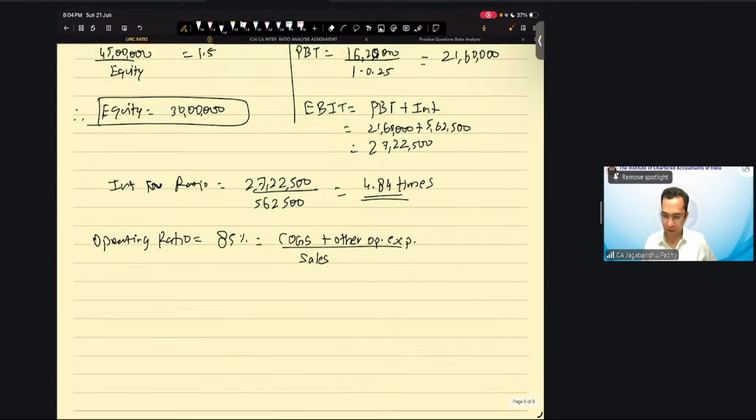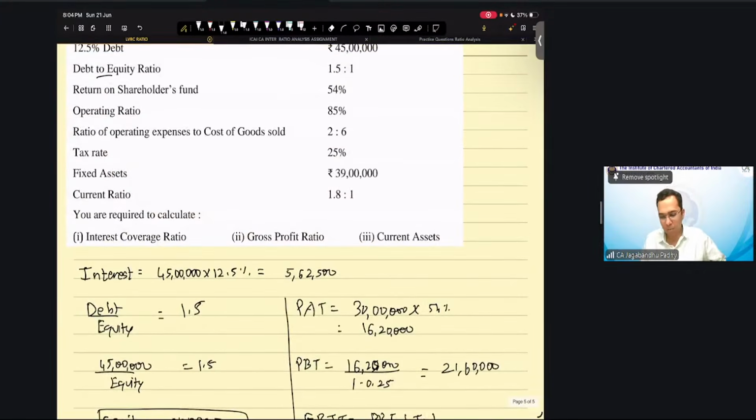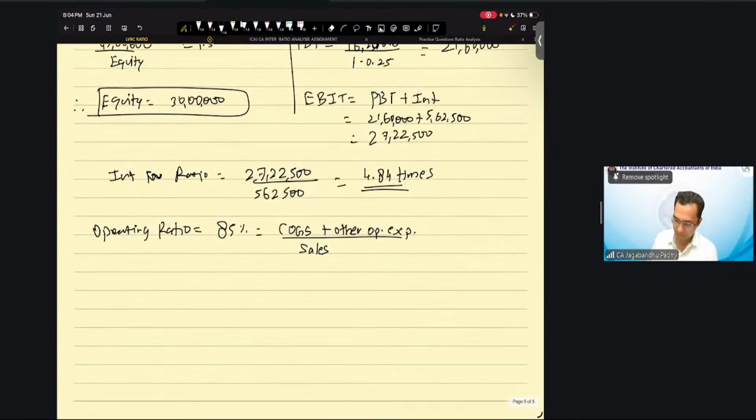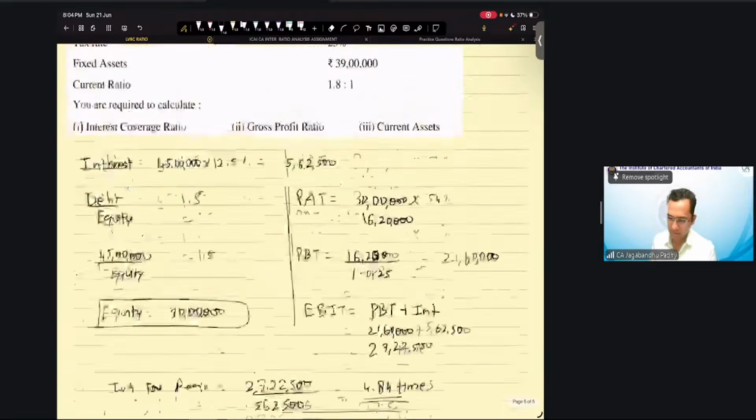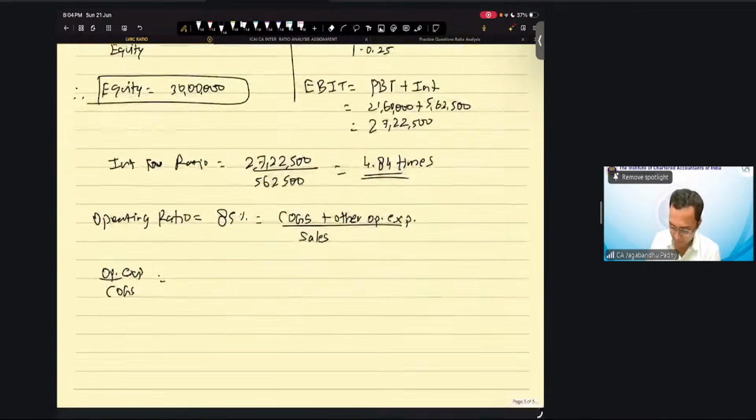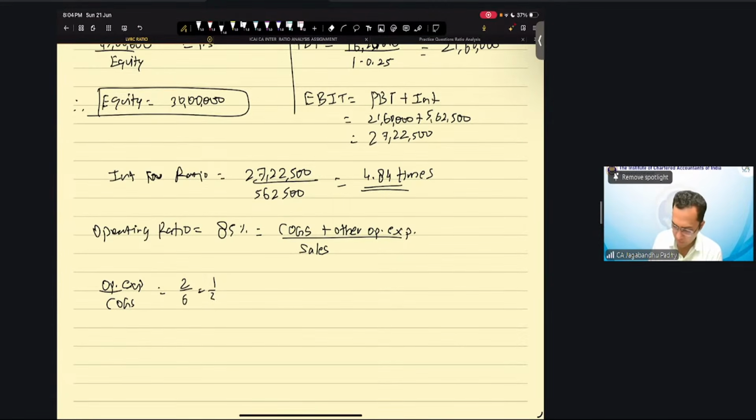And we have the information also, ratio of operating expense to COGS. So the ratio of operating expense to COGS is 2:6, or 1/3.